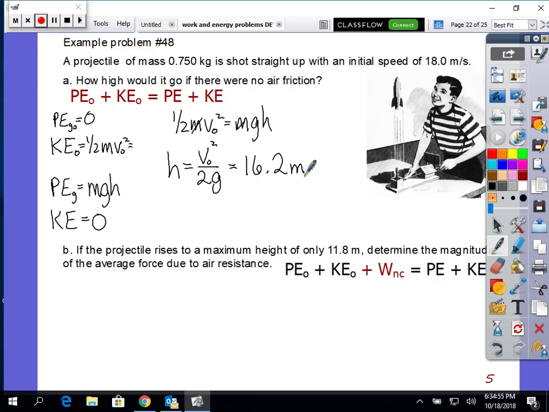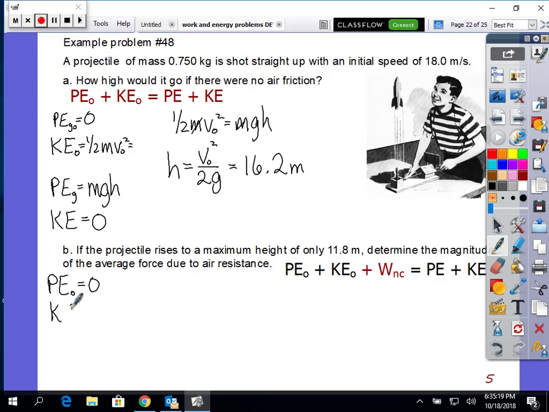Now it says if the projectile rises to a maximum height of only 11.8 meters, determine the magnitude of the average force due to air resistance. So now we can say potential energy at the beginning is 0.